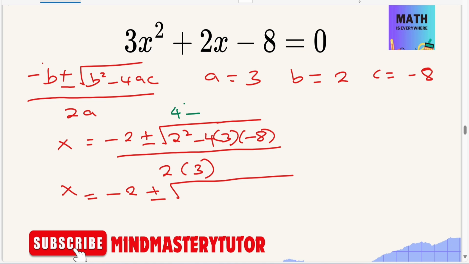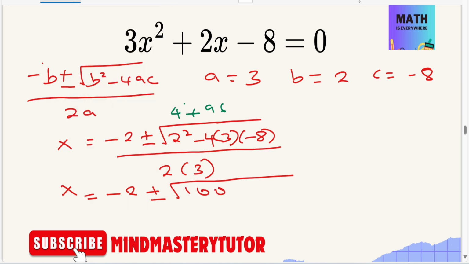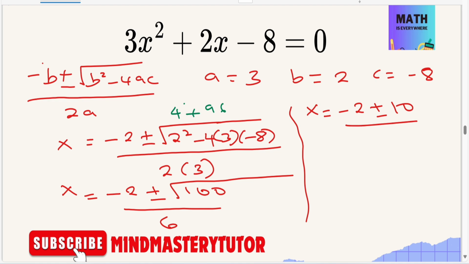So hope is positive 96. So 96 plus 4 is 100. So therefore answer hapa baada usha add na usha square hapa yafaa iwe 100 divide by 2 times 3, 6. Okay. So x equal to minus 2 plus or minus root of 100 is 10 divided by 6.